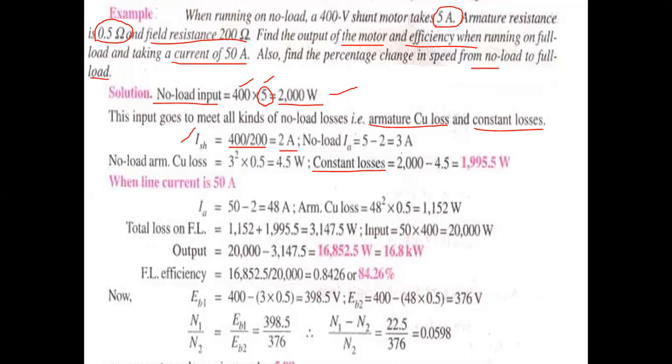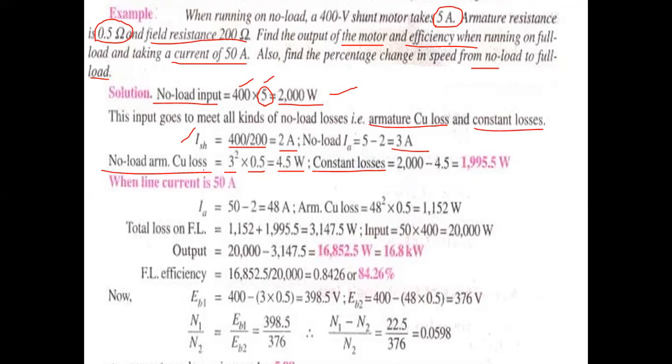Then, no load current from KCL, Kirchhoff's current law for the motor: armature current is equal to line current minus shunt field current, which is equal to 3 amperes. Then no load armature copper losses, by the I square R principle, is 3 square into 0.5, which is nothing but 4.5 watts.